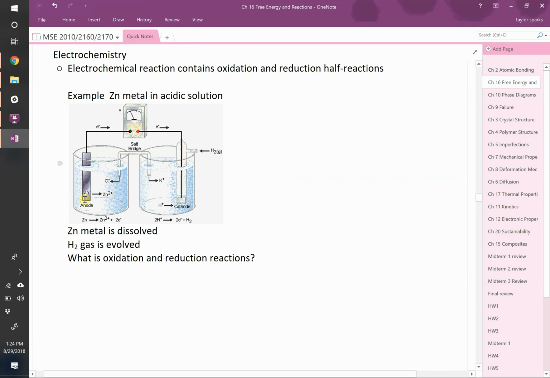Meanwhile over here, you would have an equilibrium between hydrogen ions combining to form H2 gas and vice versa. But if you hook these two things up, electrons will depart from zinc and travel through the circuit. They'll come over here. That electron, which left from zinc, will react with the hydrogen species to form H2 gas.